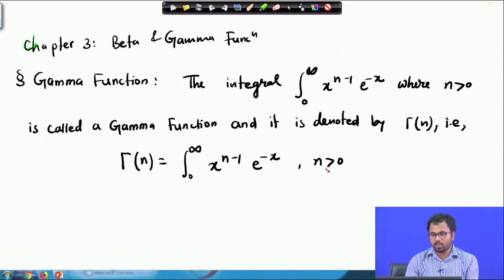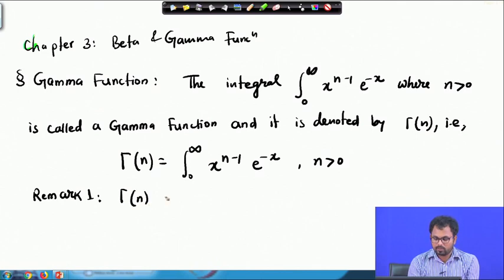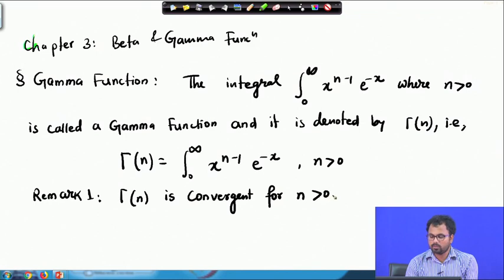In the previous class we saw that this gamma integral is convergent for all n greater than 0. So, remark 1: gamma n is convergent for n greater than 0.